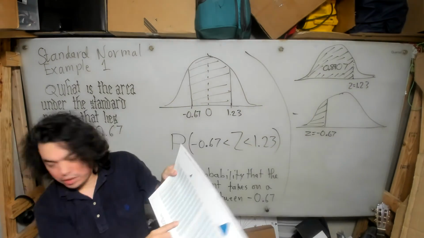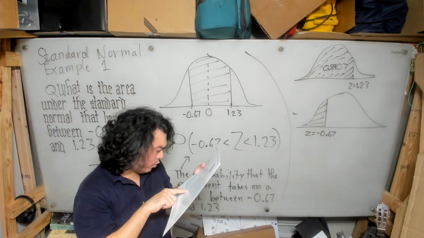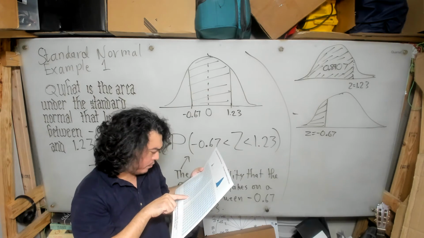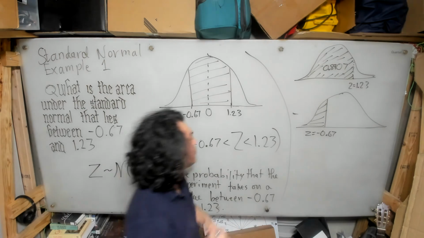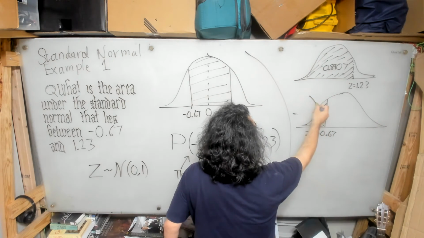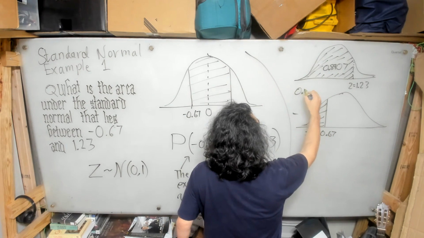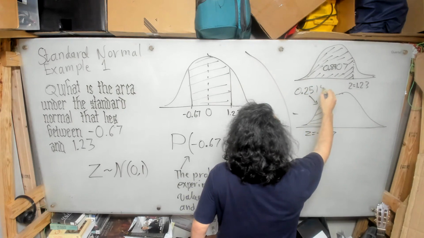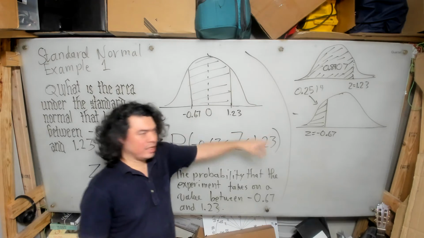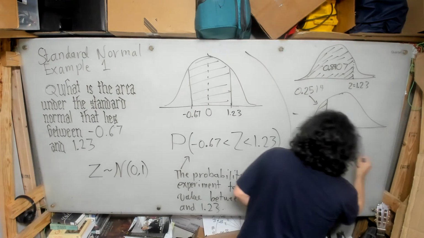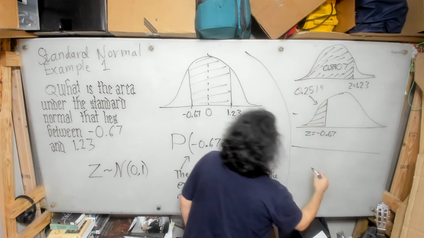Perfect. I'm going to denote that here with an arrow: 0.2514.